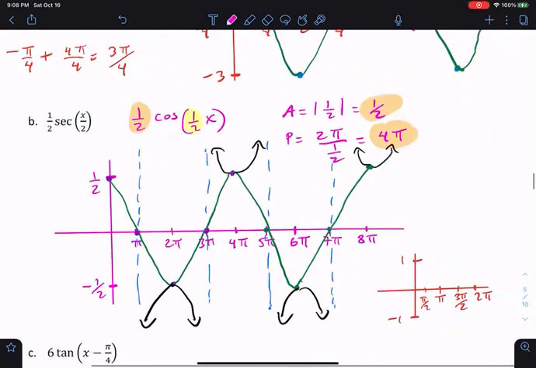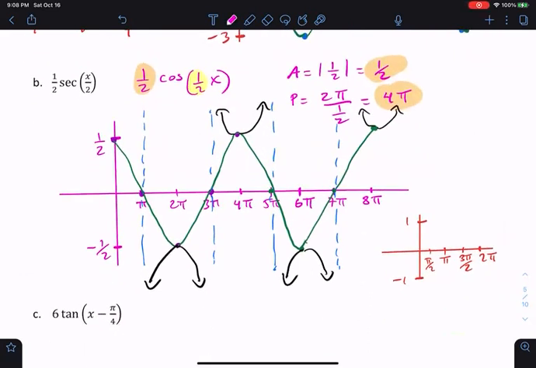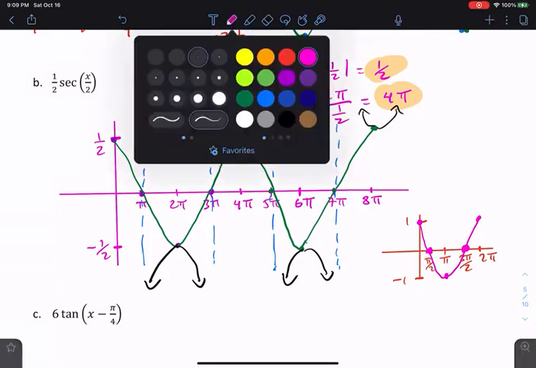So I'm sorry about that. So cosine of 0 is 1. It's gonna go here, here, here, here. We know that, right? So this is the graph, basically. So now that means that if I set the parentheses equal to pi over 2 and 3 pi over 2, then I can find the pattern for the asymptotes.